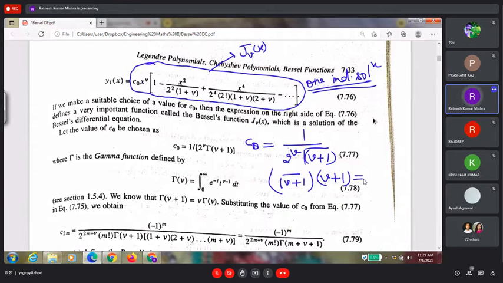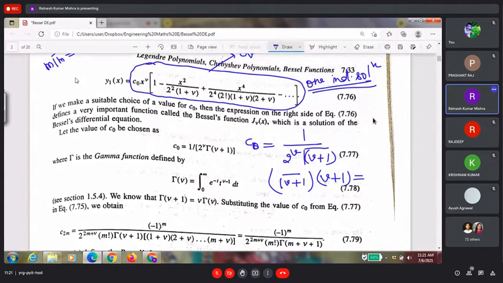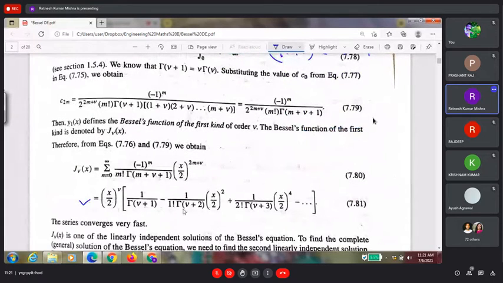We know that m gamma m is gamma m plus 1, so this is gamma v plus 2. So this is 1 by factorial 1 gamma v plus 2 (x by 2) whole square, and the rest of the terms.